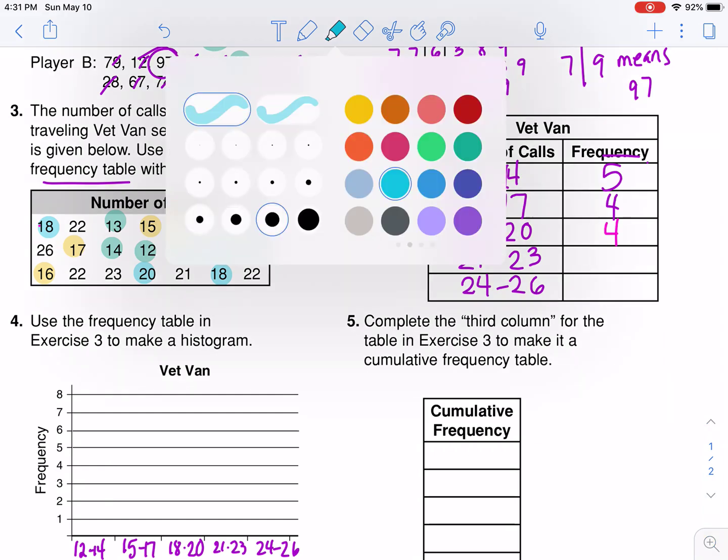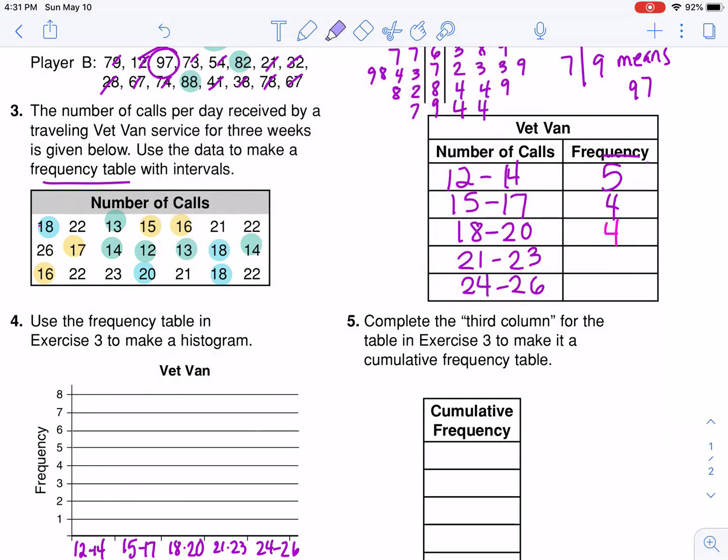Okay, let's change another color. 21 to 23. 21, 22, 22, 21, 23, 22, 22. How many was that? 1, 2, 3, 4, 5, 6, 7. And 24 to 26 should be what I have remaining, which is 1. I like to mark them here. Using colors is great, but even just crossing them off so you can see which ones, if you did miss any at the very end.